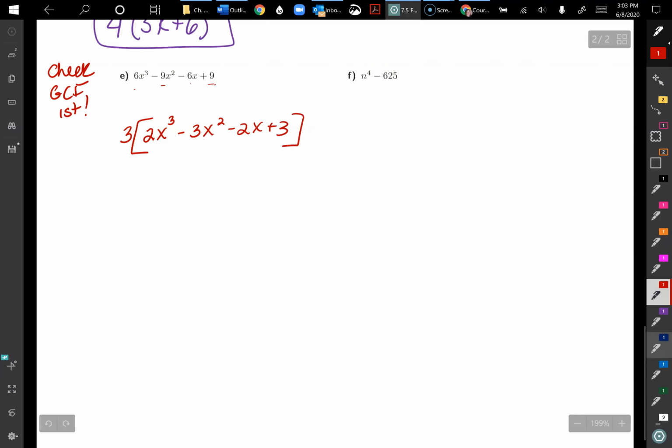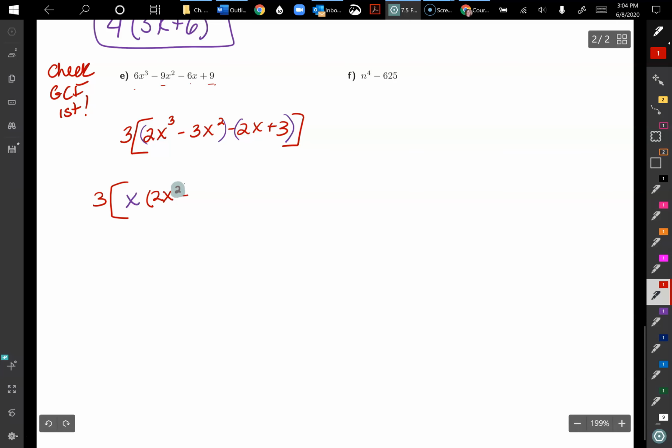Now I'm going to use factor by grouping on this part. So I'm just going to carry this 3 down, put my bracket there for now. I can clean it up later. And I have an x that I can pull out here. X times 2x squared minus 3.